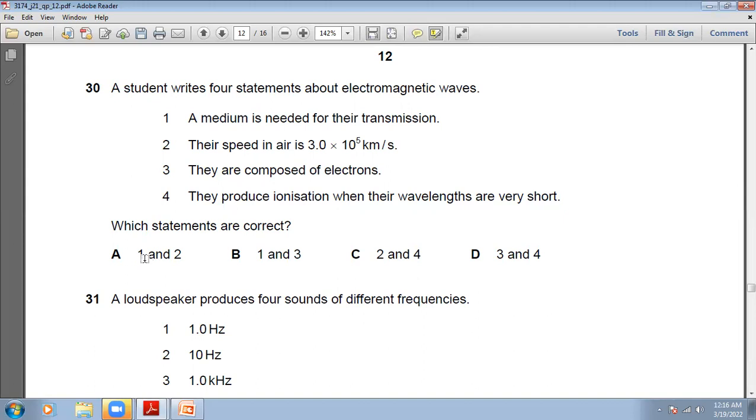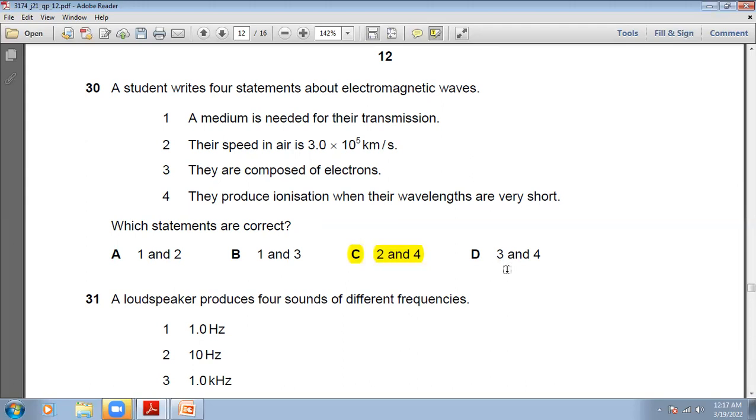So all the options in which we have one are wrong. So A is wrong, B is wrong, C is right, because the speed of the electromagnetic wave in the air is 3 expo 5 kilometer per second, or you can say 3 expo 8 meter per second. So I think C is the best option.